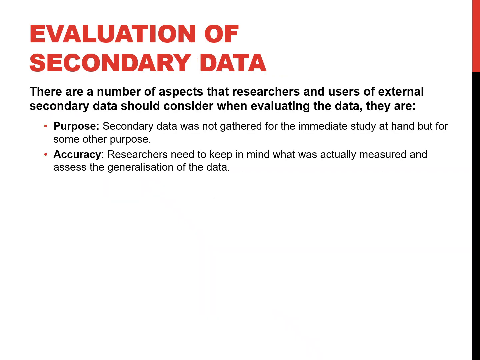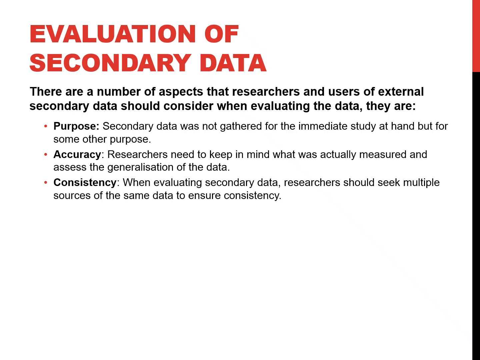Just to largely reiterate what I've said earlier, bear in mind the following when evaluating secondary data. Firstly, it wasn't gathered for the immediate study, so the focus might be different. One has to be concerned about the accuracy. Also, a good idea is to try and get multiple sources of the same or similar data, just to see if they reinforce each other.